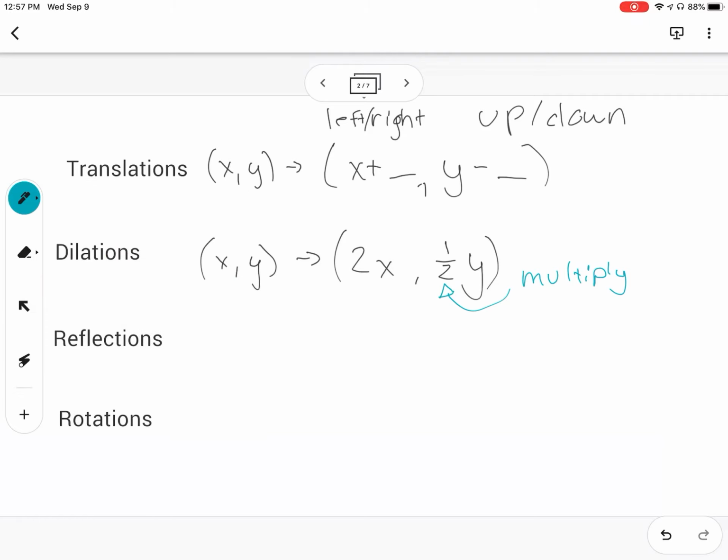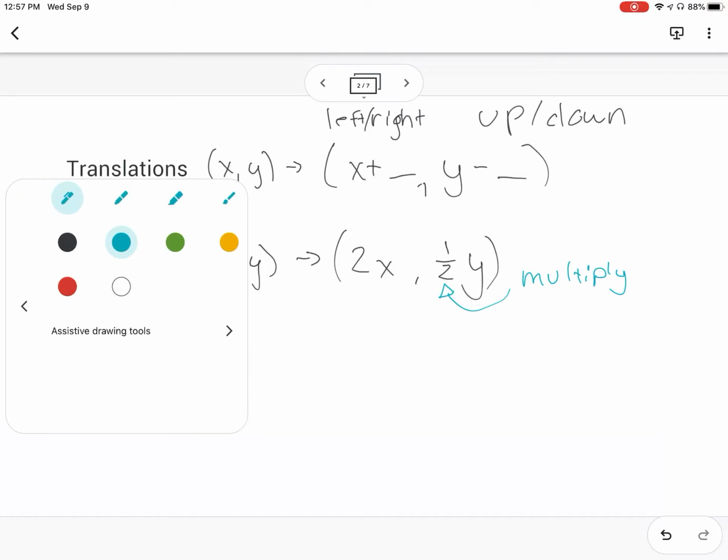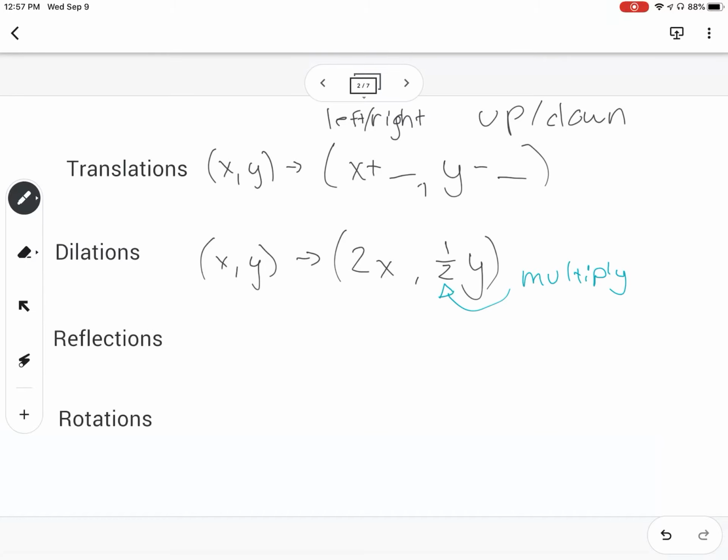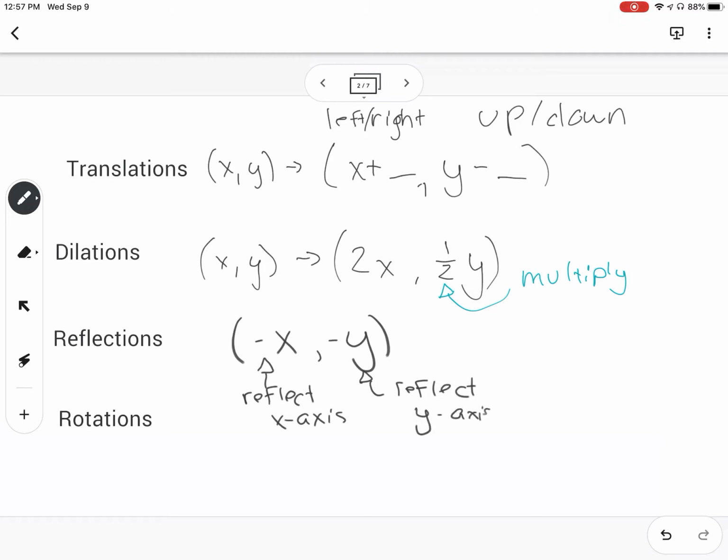Right? That's those two. For reflections, there's a couple options. One of our options is it'll say negative x or negative y. If it's negative x, you're going to reflect the x-axis. If it says negative y, you'll reflect the y-axis.